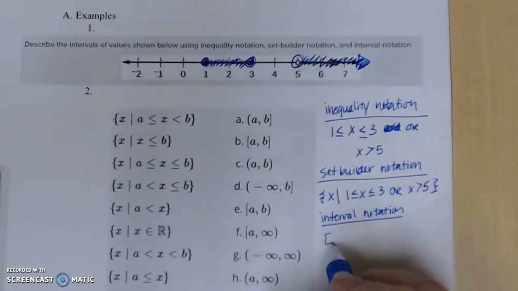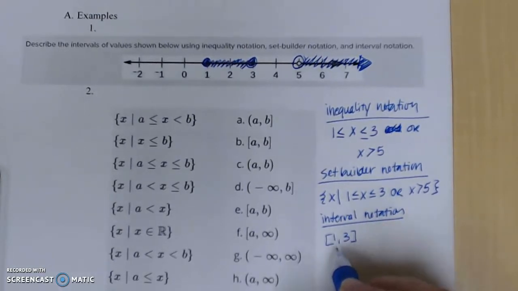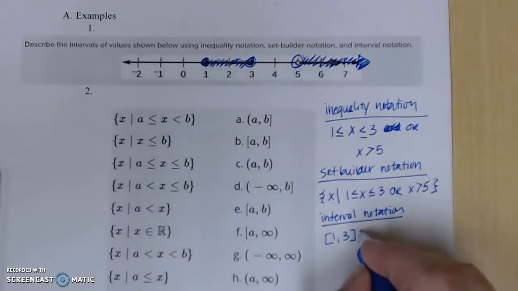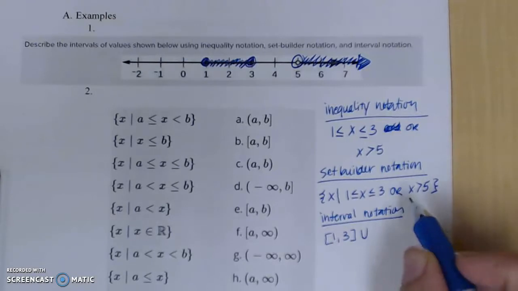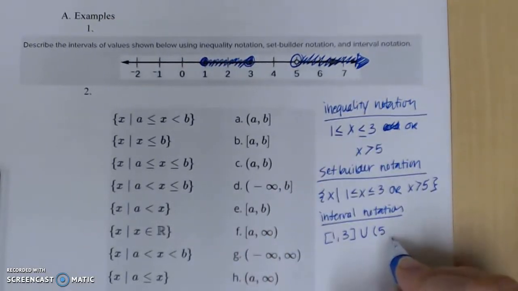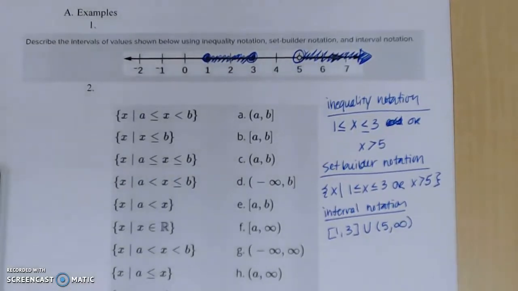We want to go from 1 to 3, and we use square brackets because we have solid dots there and it's equal to. Union with, I want to go from 5 up to infinity. So I'm going to say 5 with a parenthesis because I'm not including it, comma, positive infinity, and we always use parentheses on the infinity.